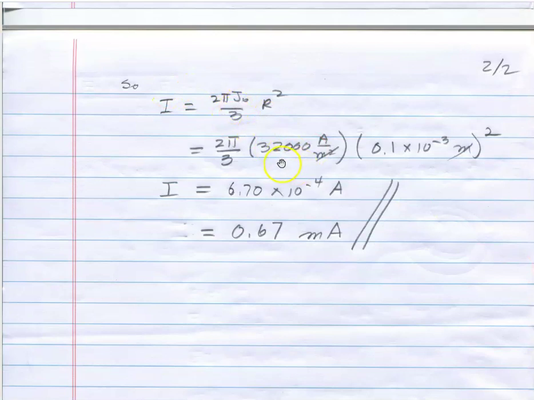J naught was 32,000 amperes per square meter, and capital R was a tenth of a millimeter, and so square that. Multiply all that out. When I did that, I got 6.7 times 10 to the minus 4 amperes, or same thing, 0.67 milliamperes.